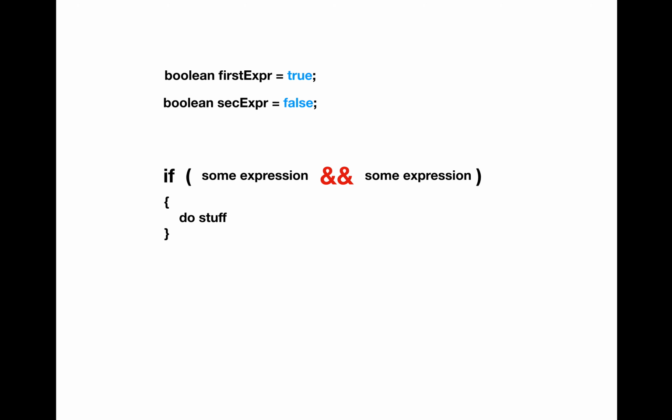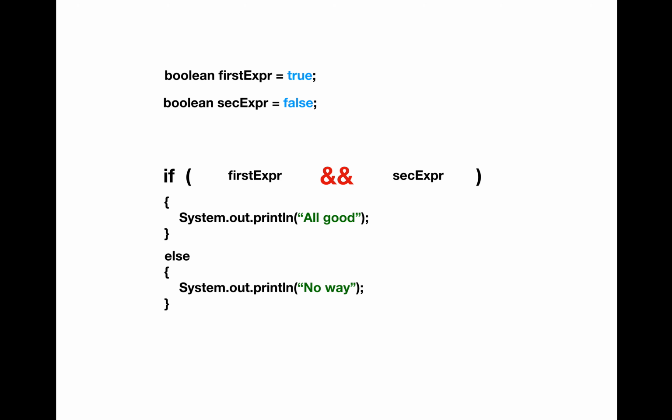So let's take a couple of expressions. In this case, we're just going to have two variables. One is called first expression, and the other is called second expression. First expression is going to evaluate to true, and second expression is going to be false. And requires both expressions, the one on the left and the one on the right, to both be true.